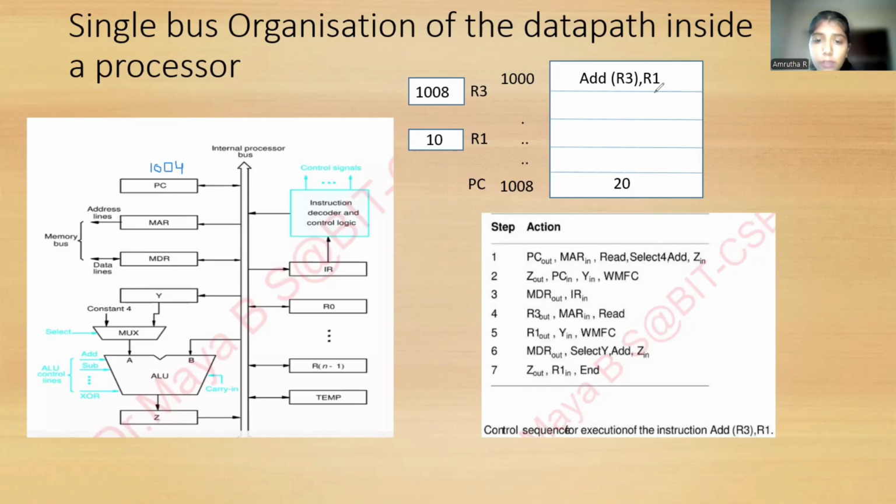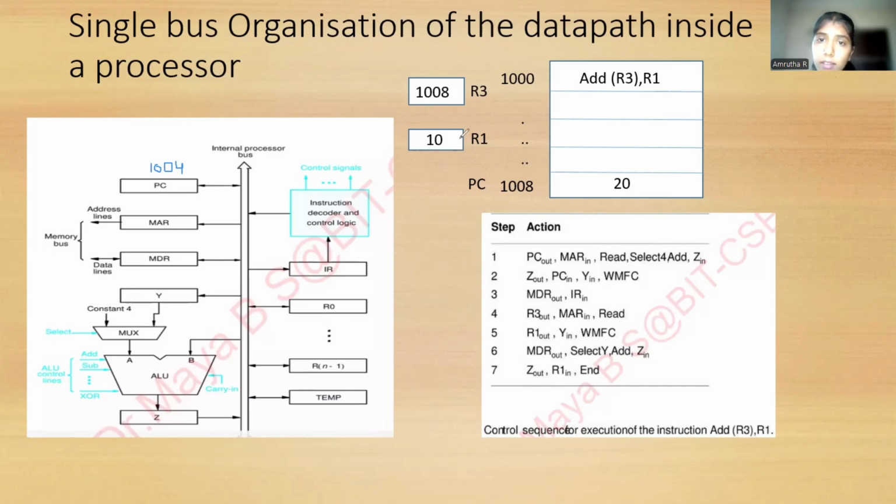So the value of R1 will be here, and we have R1 storing 10. For R3, it has to move to the address register, that is MAR, and from that address, with the help of the memory bus, the data will be read by MDR. Then the value will be given to MDR. See the control sequence.